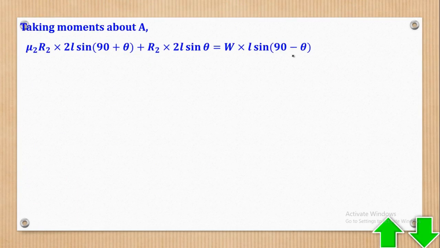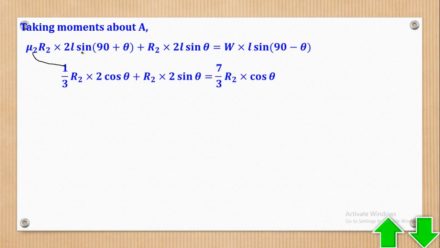So now that we have known how this step comes about, next is to substitute and simplify. We know that mu2 is a third, and we also know from trig identities that sine (90 plus theta) is cos theta, and sine (90 minus theta) is also cos theta. So we shall substitute for that.